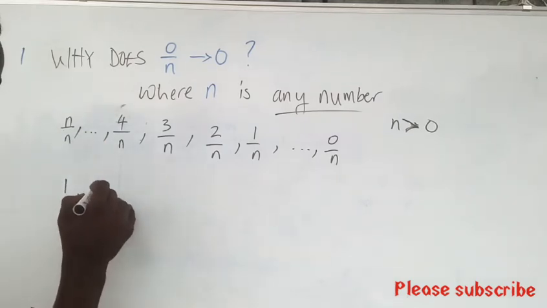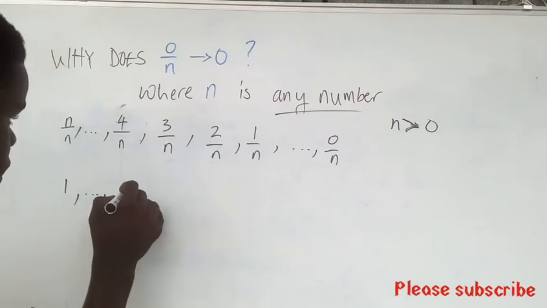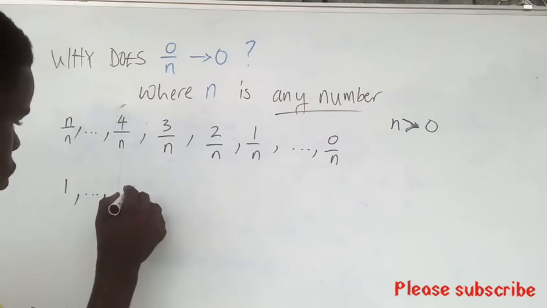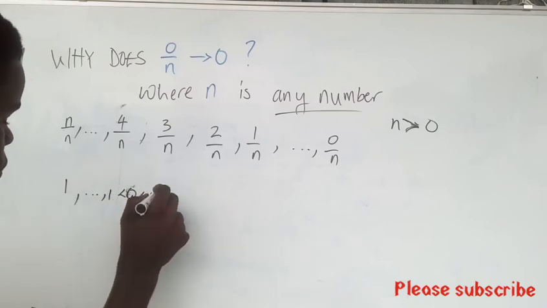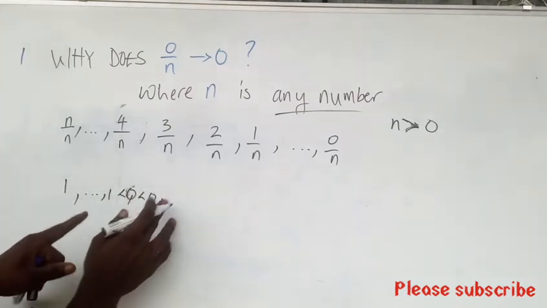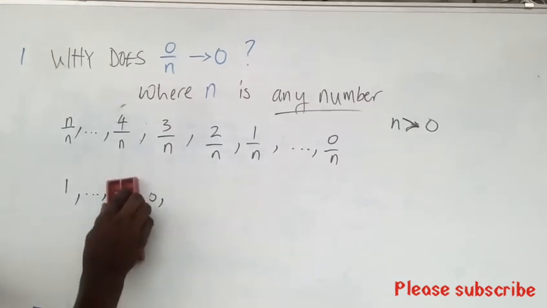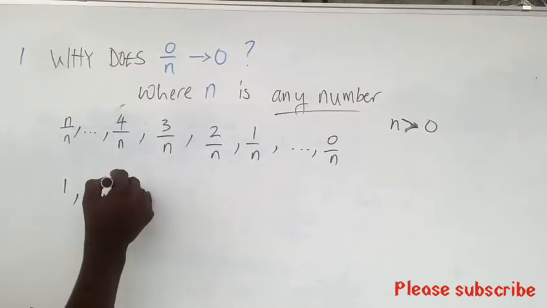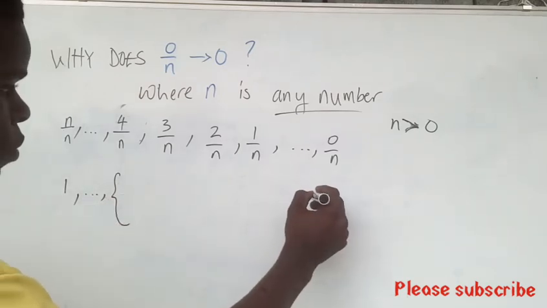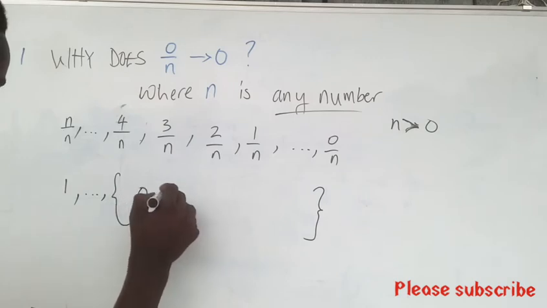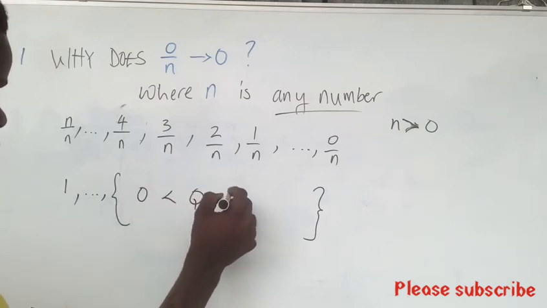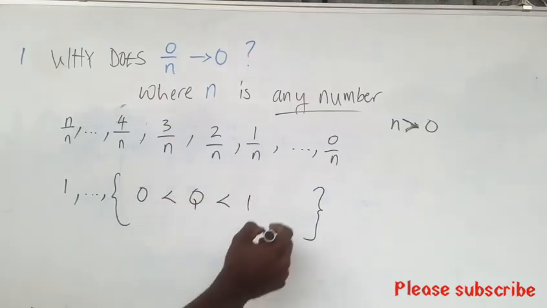And since it's a proper fraction, the quotient lies between 0 and 1. In the same case for all this, let's make a general statement from here to here: the quotient lies between 0 and 1.